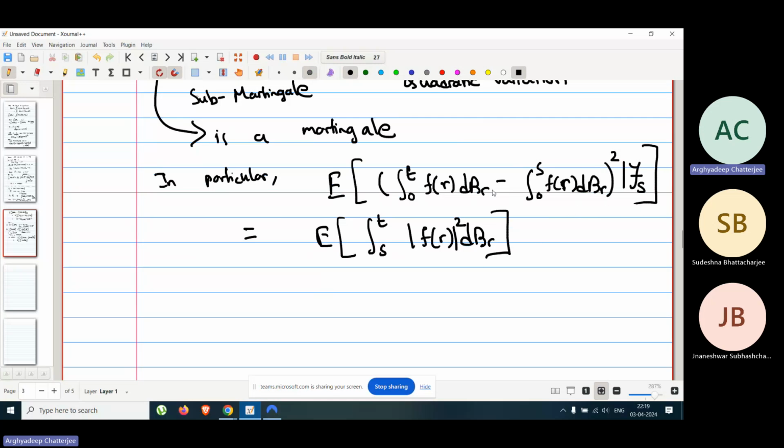This is by the martingale property. The conditional expectation of the square of a martingale increment only depends on the increasing process.